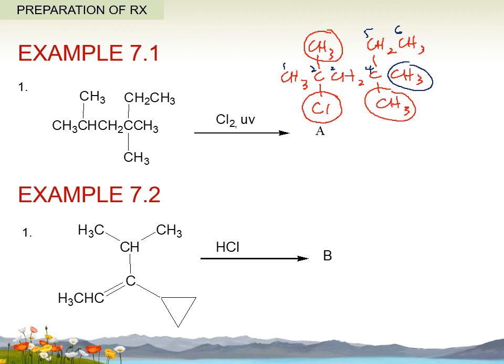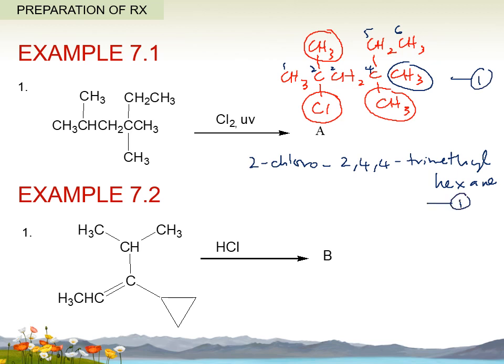So this is actually 2-chloro-2,4,4-trimethylhexane. Voila, this is your answer. If the question doesn't ask you to name the product, you don't actually need to name it. 1 mark for the structure and 1 mark if asked for the naming.